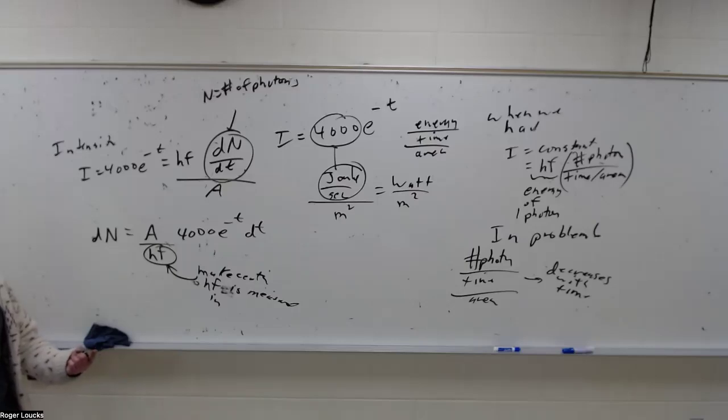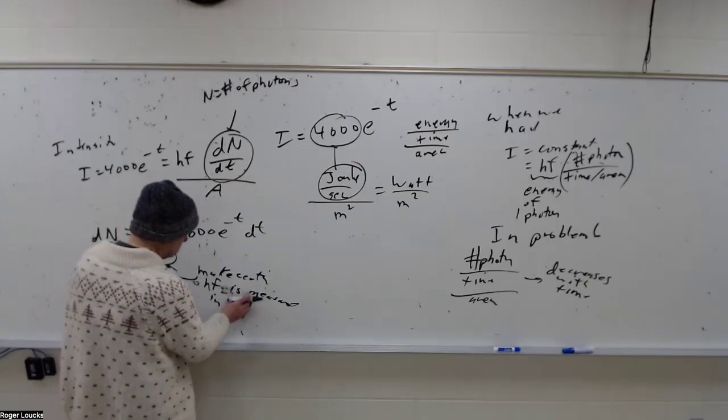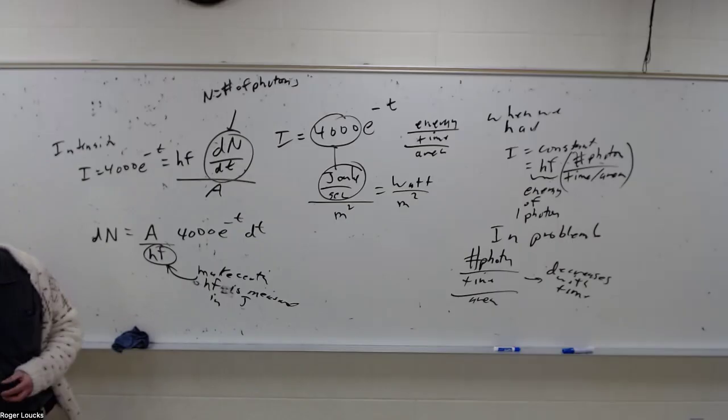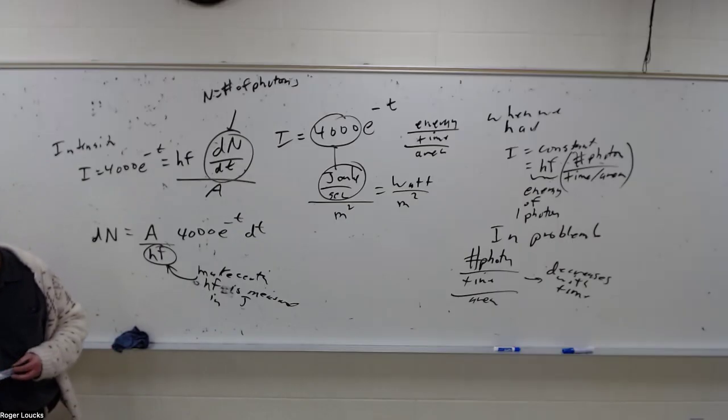So from an MKS unit, the energy of a photon better be measured in not eV, but joules. Okay. You're going to get a preposterously large number when you do this. When you work this out and you get a large number, yes, you're going to get a large number here.